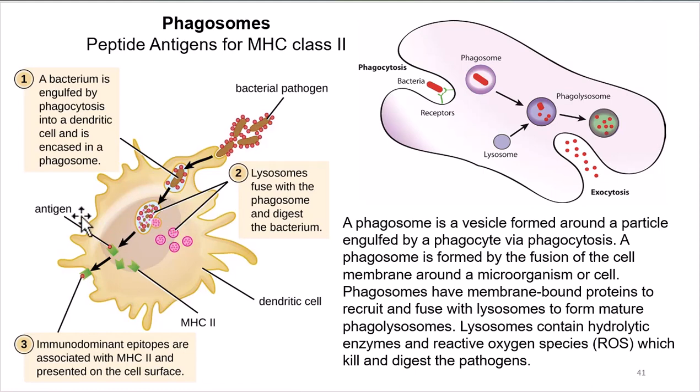And then it can go through these processes, and in this case, phagosomes have, like the dendritic cells and the macrophages, they present the peptides through an MHC class 2 molecule. And the MHC2s lead to antibody production.